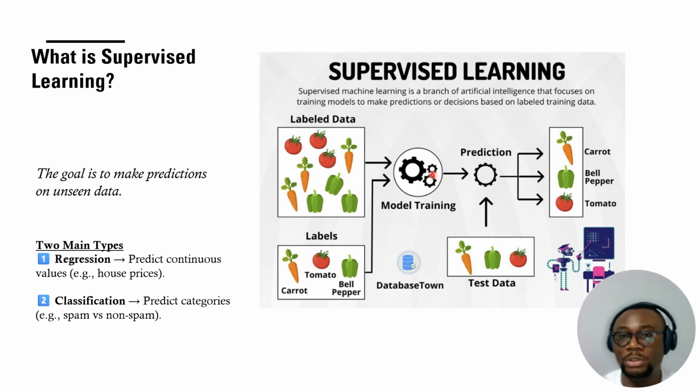So usually the training phase takes a large chunk of your data set, usually from 70% to 90%, while the testing phase takes a little portion of your data set.